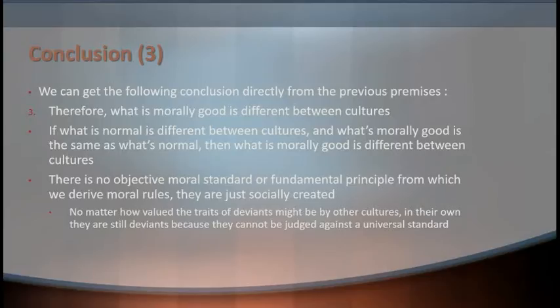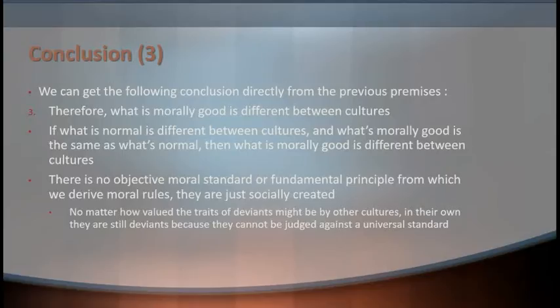So in this situation, rather than talking about cats and fur, we can say that there is no objective moral standard or fundamental principle from which we derive moral rules. They're just socially created, because there is wide variance on what people consider morally right for those societies.